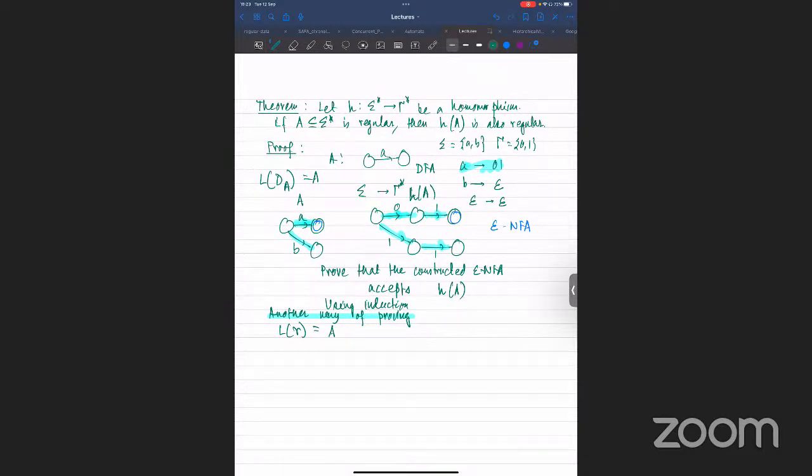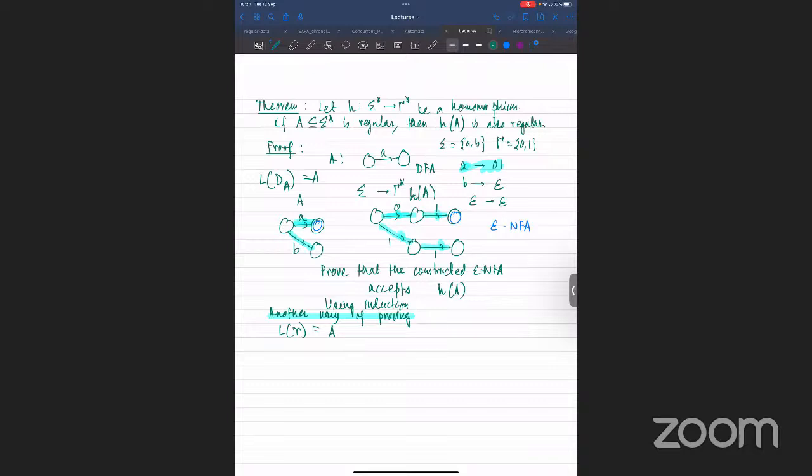So now what can you do? You can have another regular expression, such that you do exactly the same thing as we discussed here.